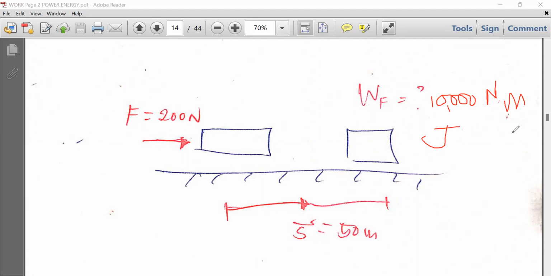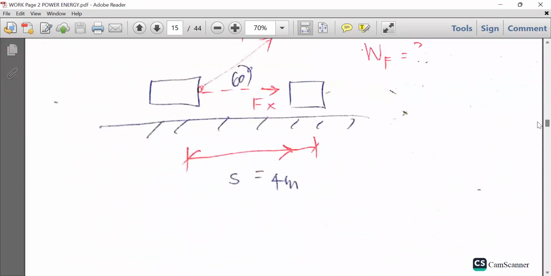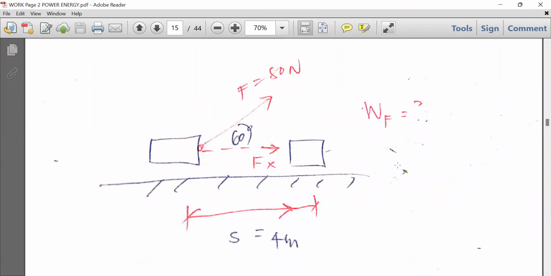Okay, next. How about example 2? You have 80 newtons. The force is at an angle of 60 degrees, and you have a displacement of 4 meters.